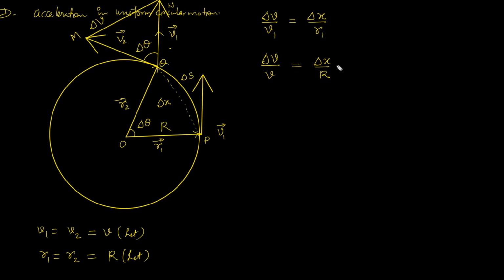Is this clear to everyone? Tell me so that I can move ahead. Okay, so delta v is delta x into v upon capital R, dividing both sides by delta t.